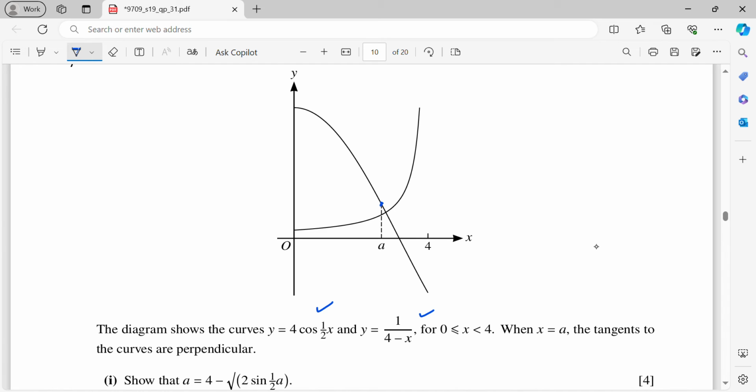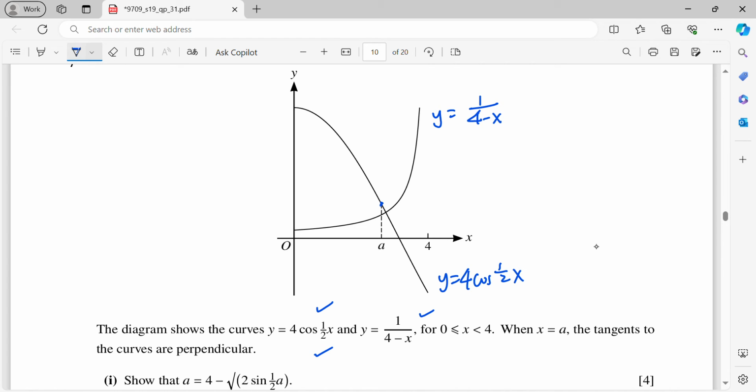So it means that this is 4 cos half x. Because a cos graph always is in this shape, right? This is a cos graph. And then the other one is y equals to 1 over 4 minus x.